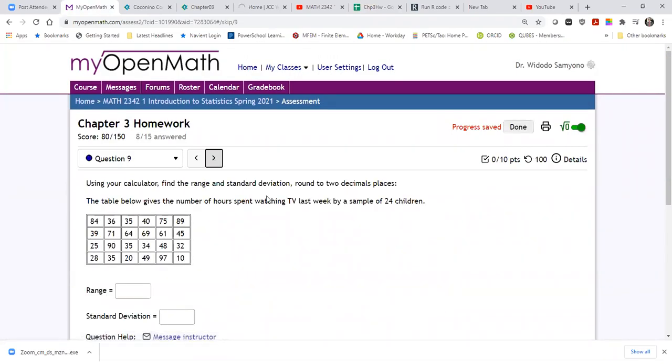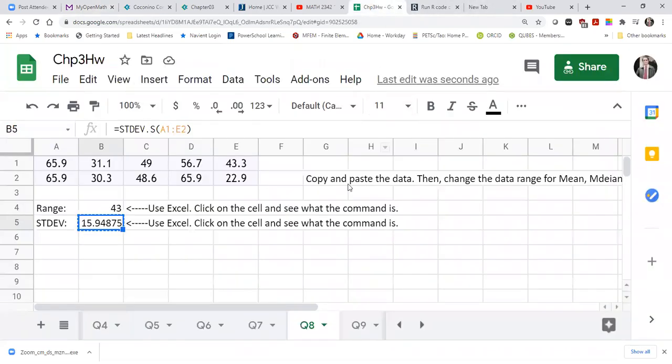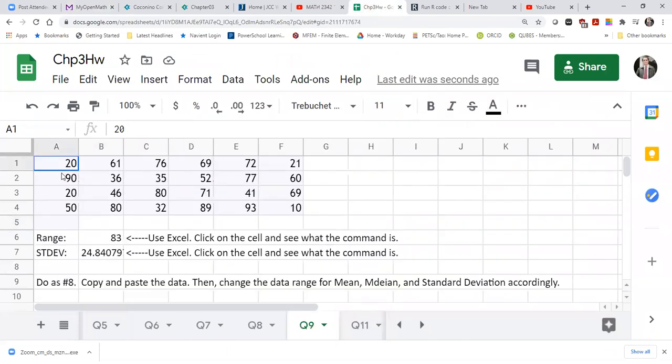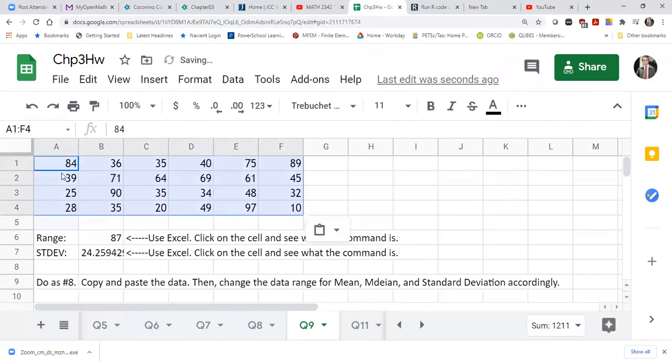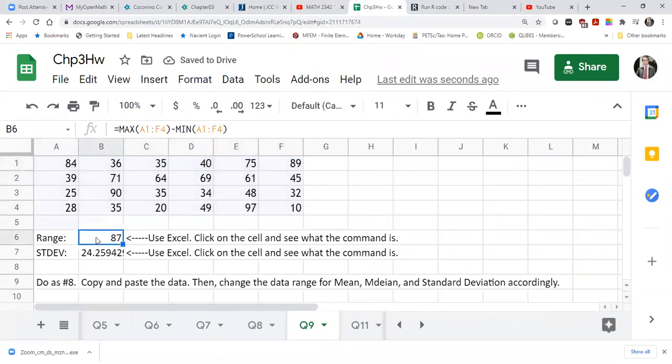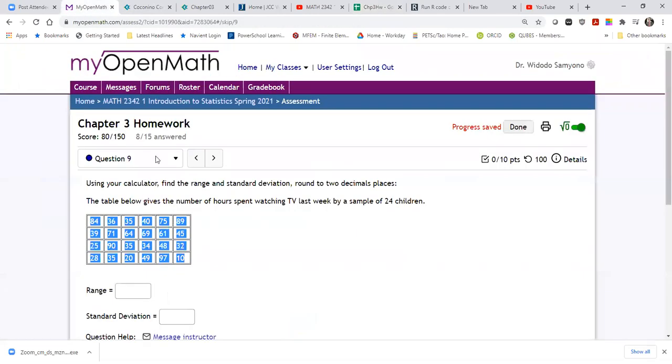Okay, so the next one will be this. The same thing, copy and then paste it here. So number 9. So the answer will be this one. $87.